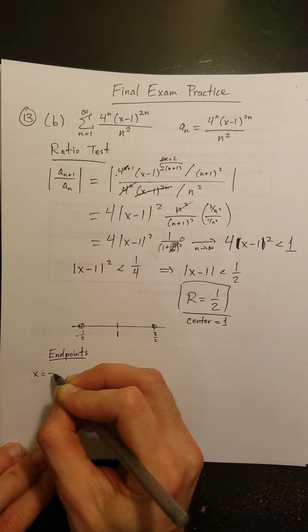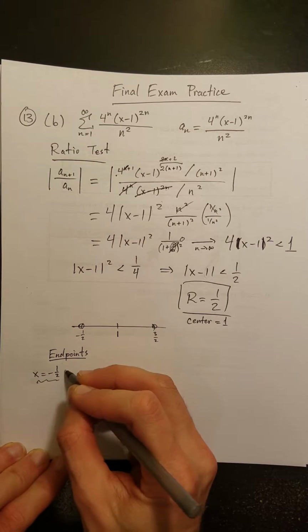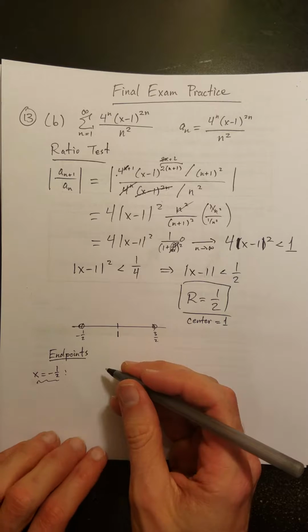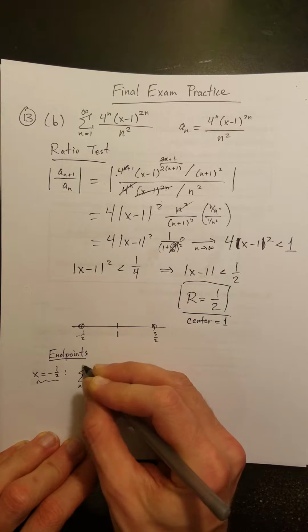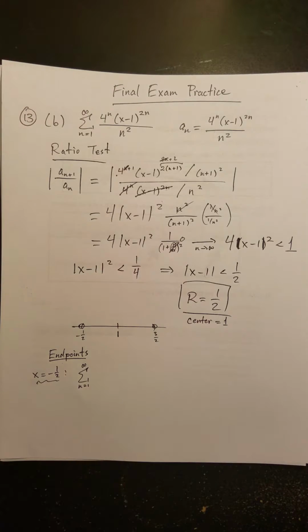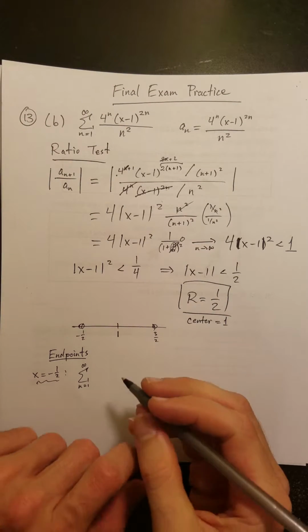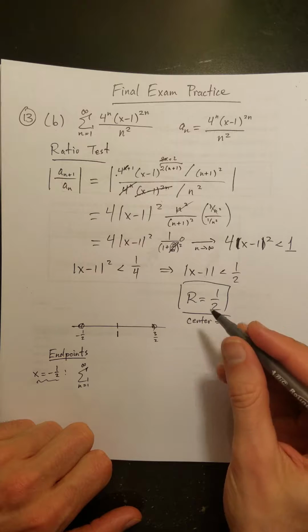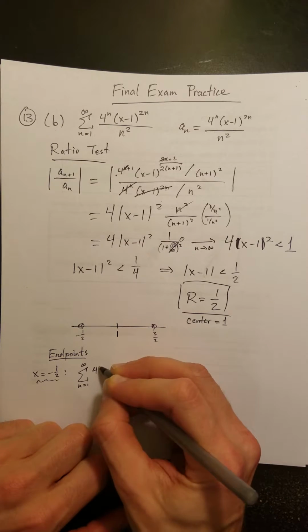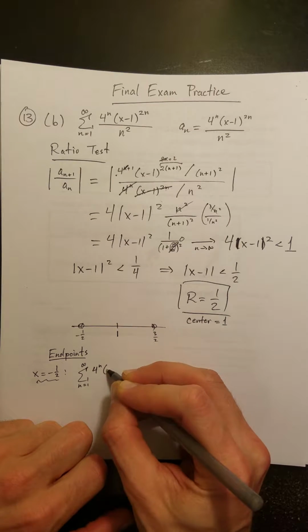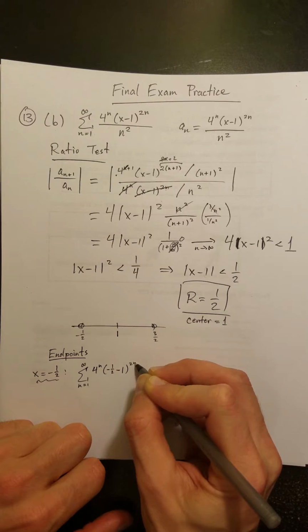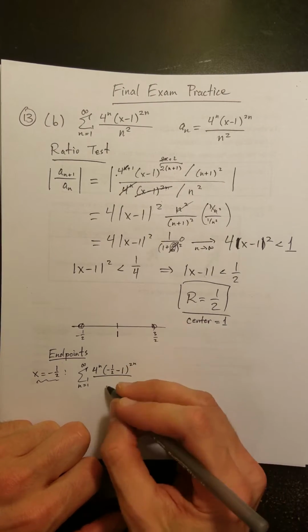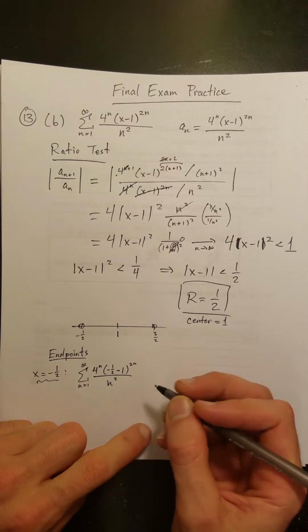So for x equals 1/2, we're just going to substitute it into the series. So it will look like 4 to the power n times (1/2 minus 1) to the power 2n divided by n squared.